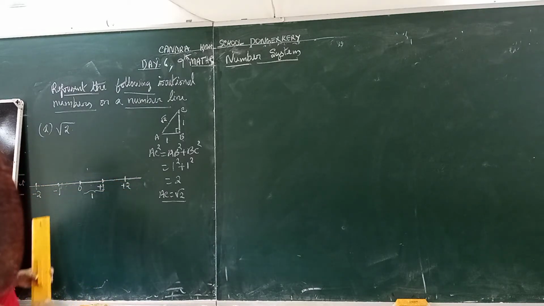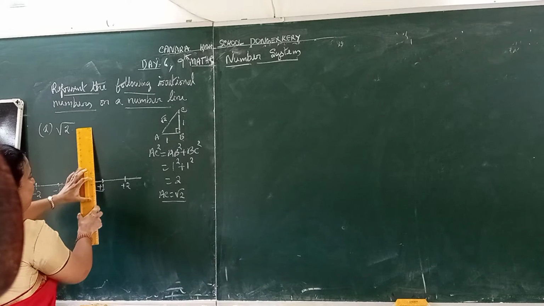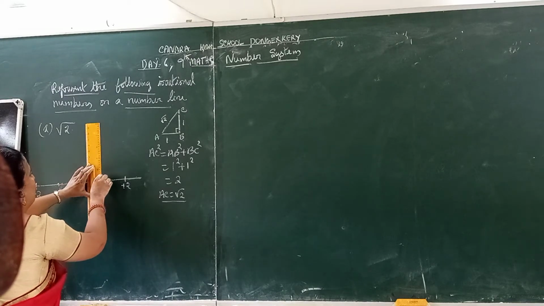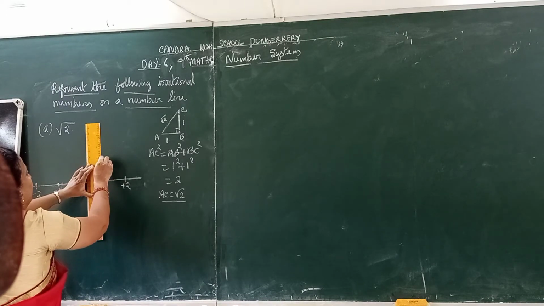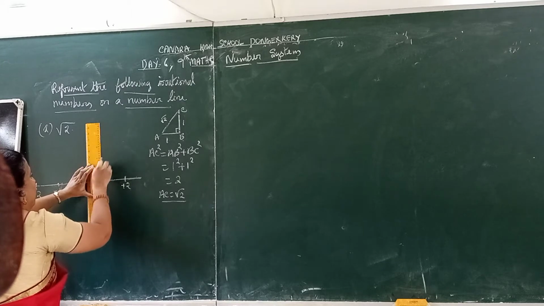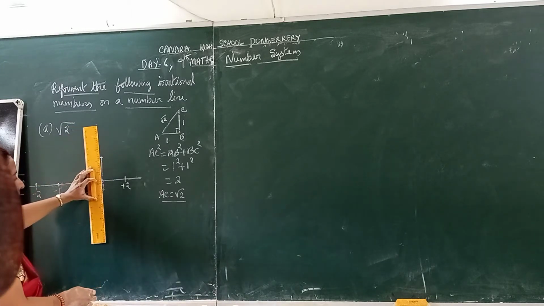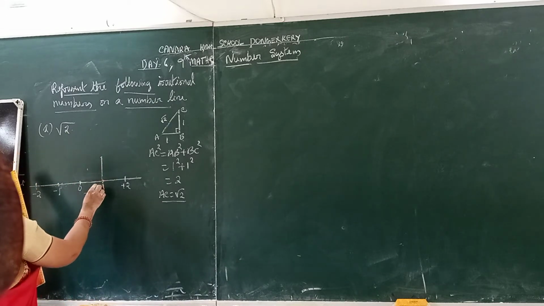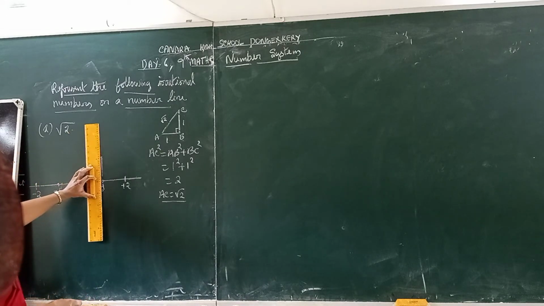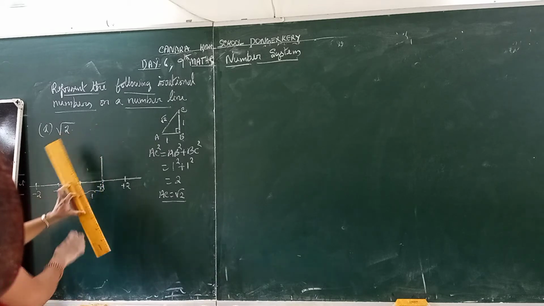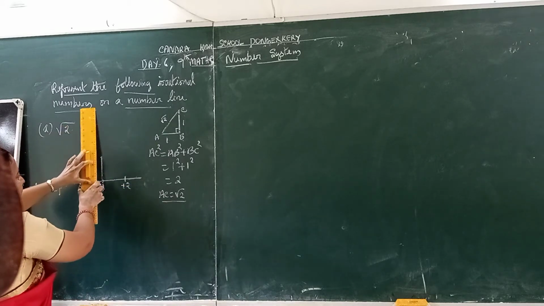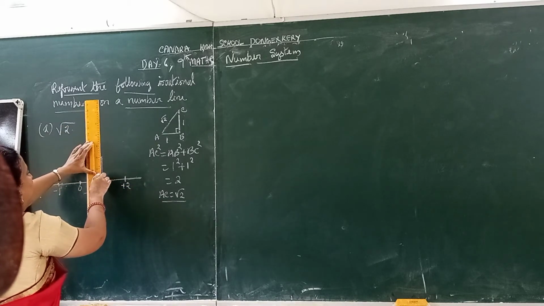Over. Now, the same 1 unit has to be taken perpendicularly. Keep the scale straight at 1 and draw a straight line.